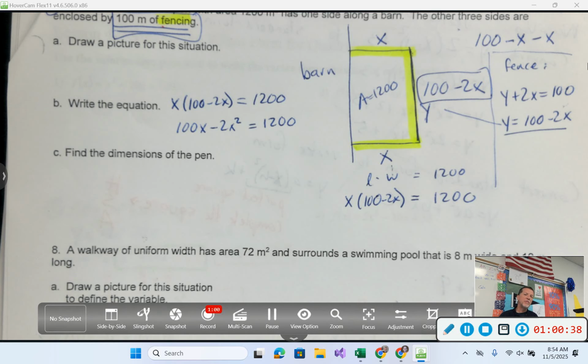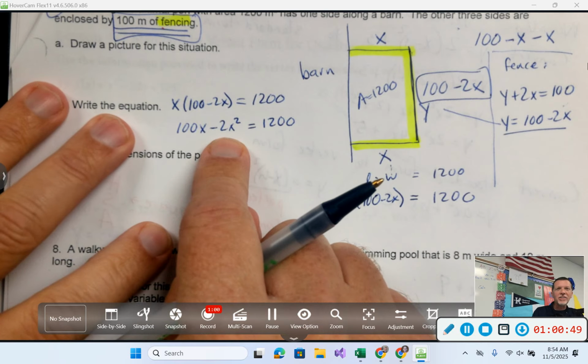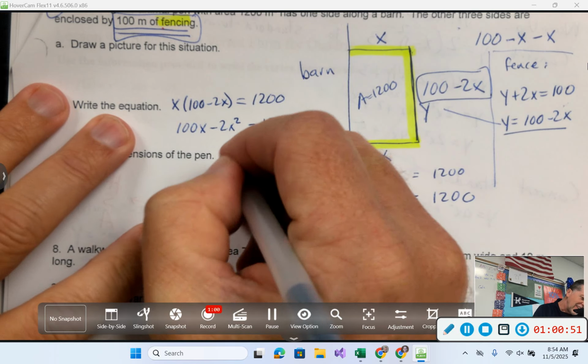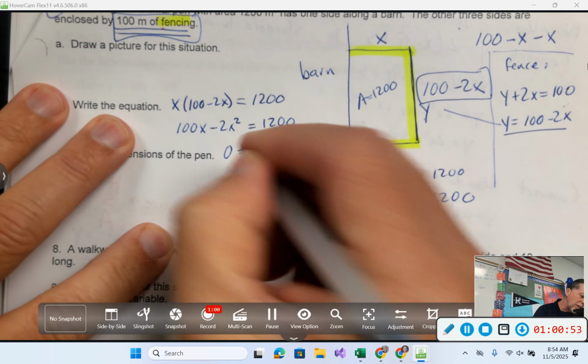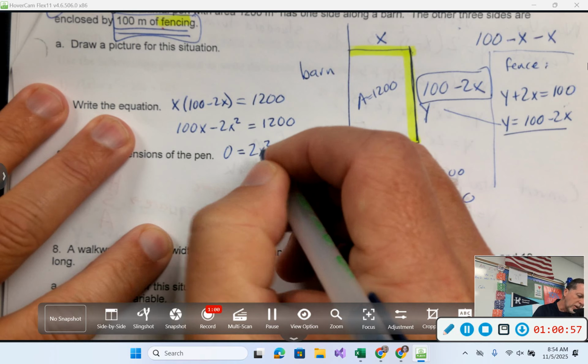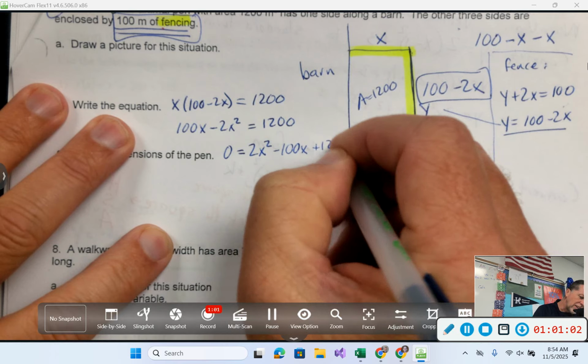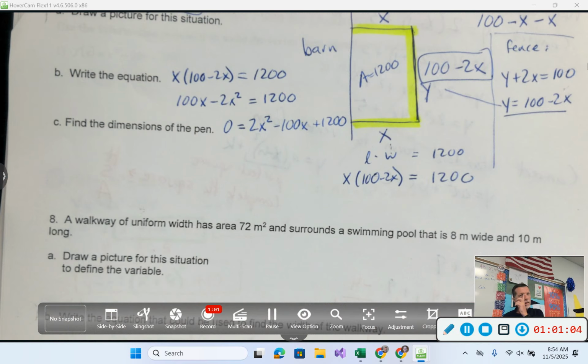So I need to make it equal to 0. You can move it all to the right or all to the left. Do you want the 2x squared to be positive? Yes. Okay, so we'll move it all to the right, and I'll put it in order so that I don't mess up my a, b's, and c's here. So 2x squared minus 100x plus 1200 equals 0.